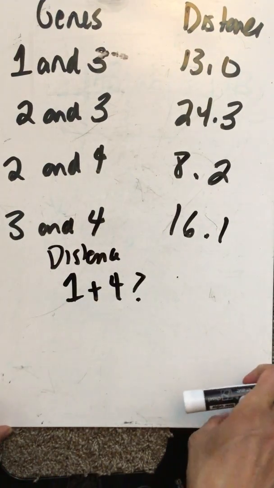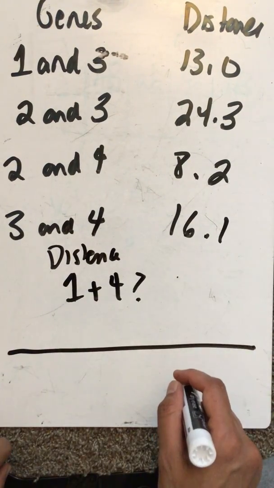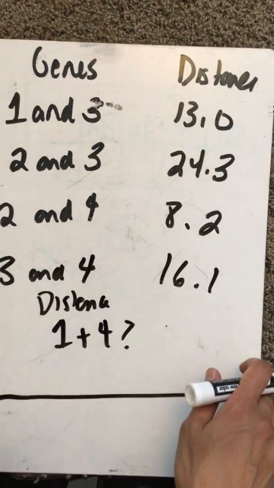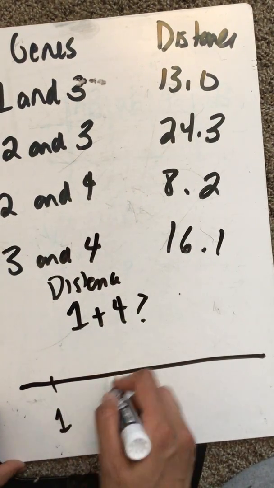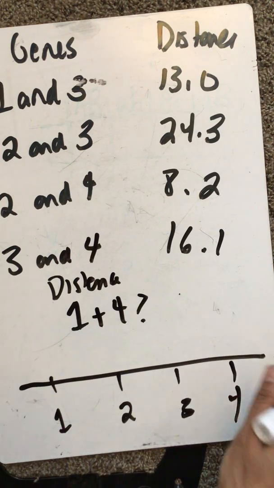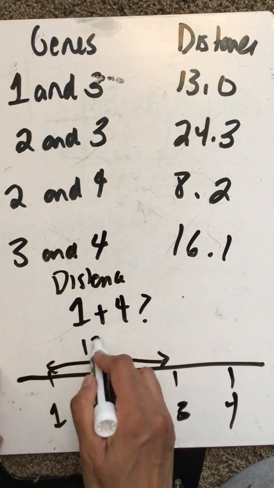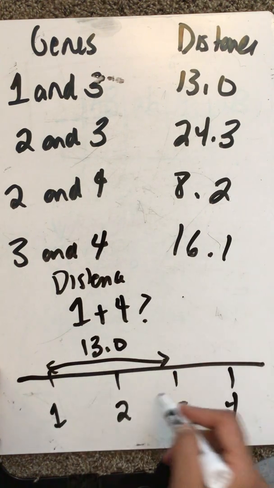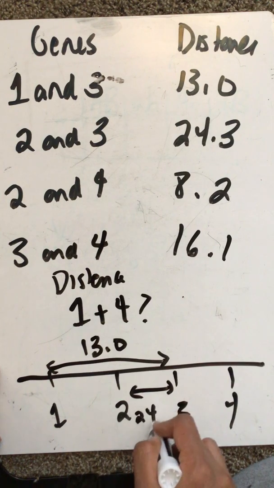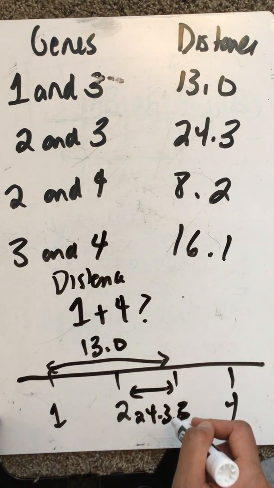Alrighty then, so what do I do? I make my line, which represents my chromosome. And I'm trying to figure out, okay, let's try 1, 2, 3, 4. Does that work? Well, it says the distance between 1 and 3 is 13.0, but the distance between 2 and 3 is 24.3.